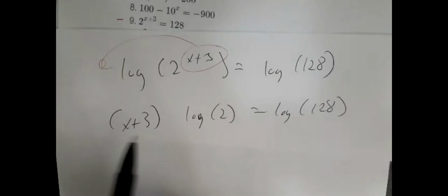So if you don't like taking logs of weird bases, you can always do log base 10 of things and then use this exponent property to bring things down. But to me this has more potential to mess up because there is some distribution you have to do here, so you have to be sure to put your parentheses around this thing. I don't know. To me, the other one's a little more straightforward and streamlined.